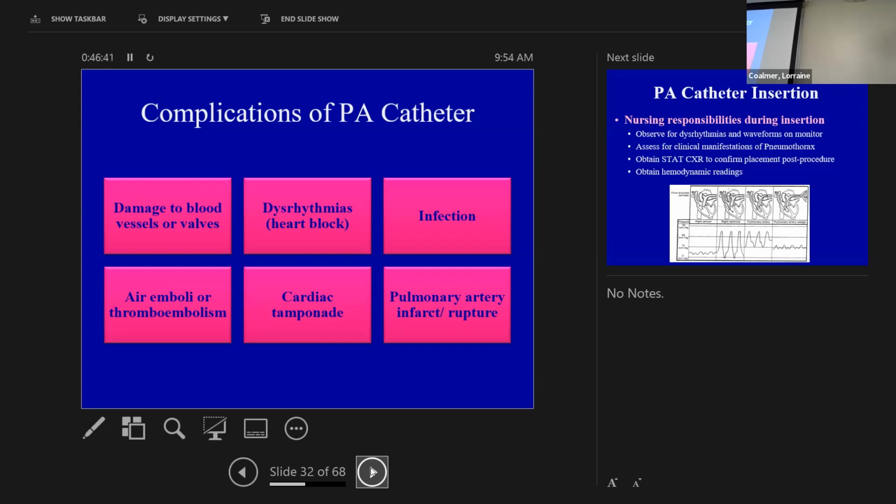Pulmonary artery, right? Could it slip back into my left ventricle? The left ventricle doesn't like for you to mess around with it. If this catheter slips back and is banging around my left ventricle, it can cause VTach, AFib. So it's really important that we know the correct place.